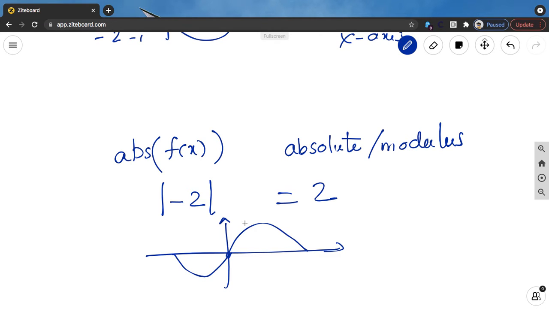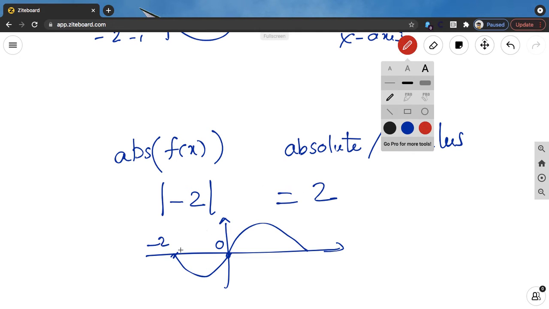there is a positive portion of the function which will stay as it is because absolute function doesn't do anything to the positive portion. But the negative part of the function, which is between 0 and minus 2, because it is absolute, what it will do is instead of showing it below the x-axis, it is now going to show it above the x-axis.